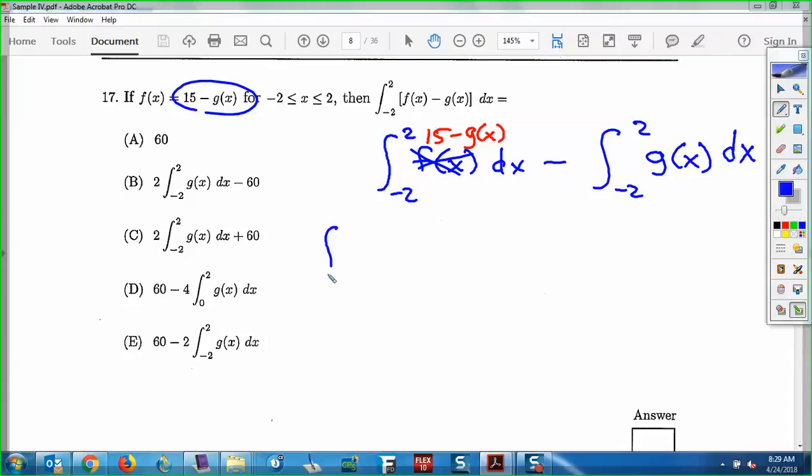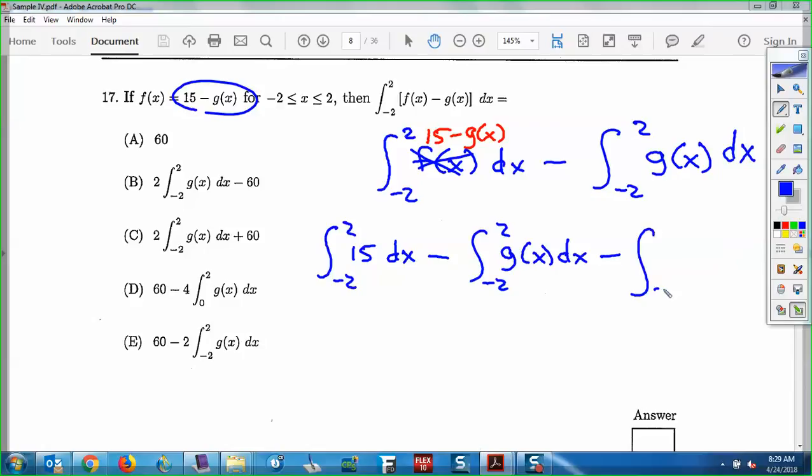Do what with this integral? Separate that. So I got the integral from negative 2 to 2 of 15, minus the integral from negative 2 to 2 of g of x dx, minus the integral from negative 2 to 2 of g of x dx. And what is that right there? 60. That's 60, right?